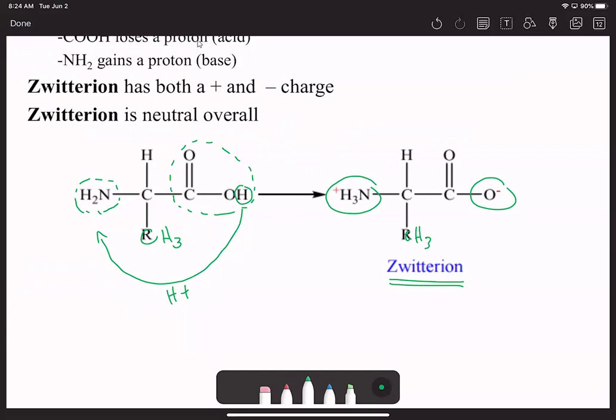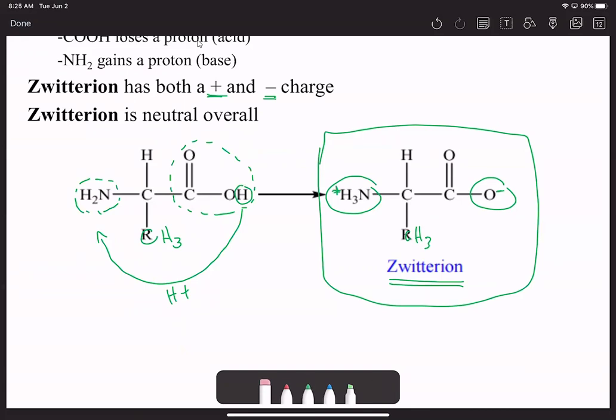Now, a couple of items that you want to remember when we're talking about Zwitter ions is that they're made from these amino acids. And a Zwitter ion has to contain both a positive charge and a negative charge on the structure. So this has a negative charge, has a positive charge, and they're both on the same molecule, so this is a Zwitter ion.